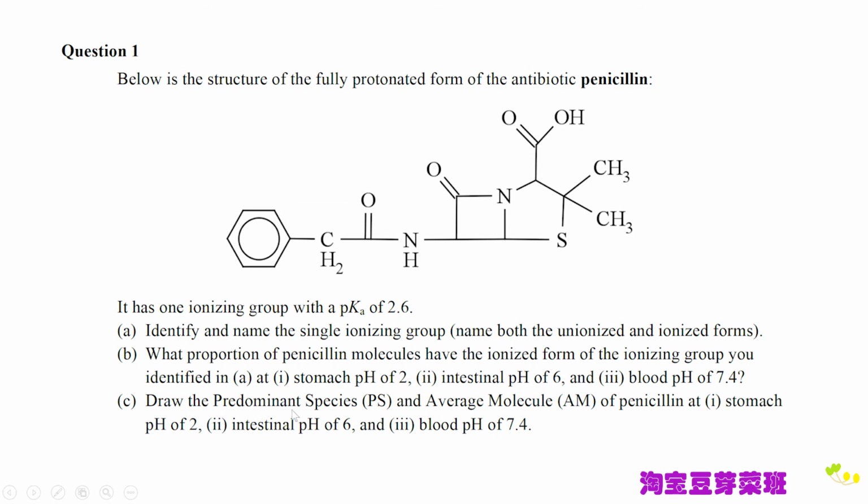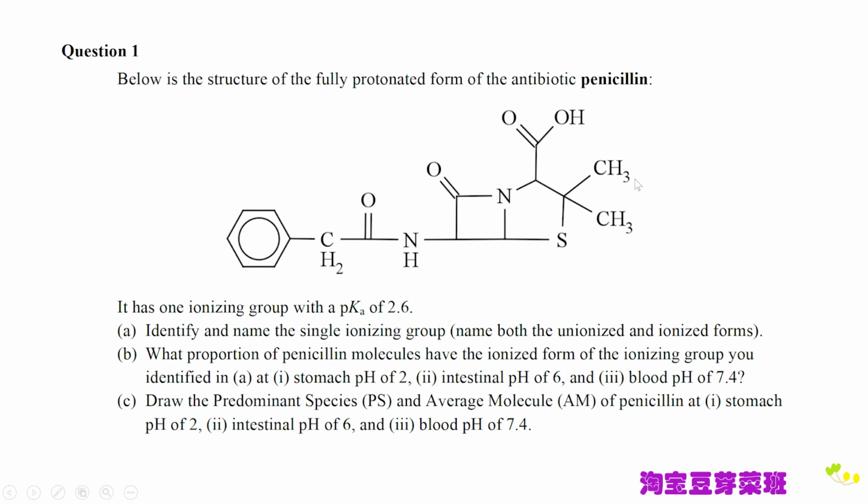And now draw the predominant species and average molecule. At pH of 2, according to the calculation we just did in question B, the ionized form, which is carboxylate, is only 20%. So 80% is the unionized form, which is the carboxyl group. So we just copy this whole structure down to our answer sheet.